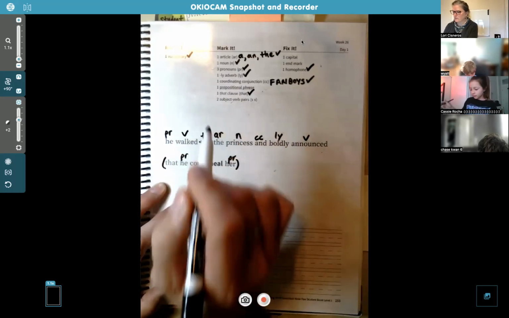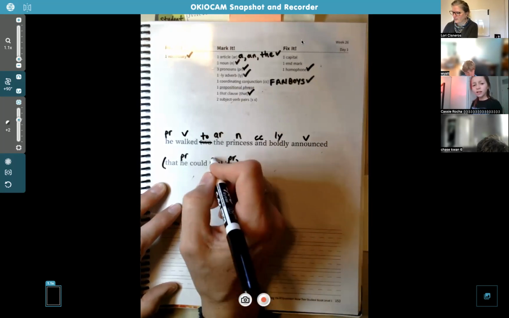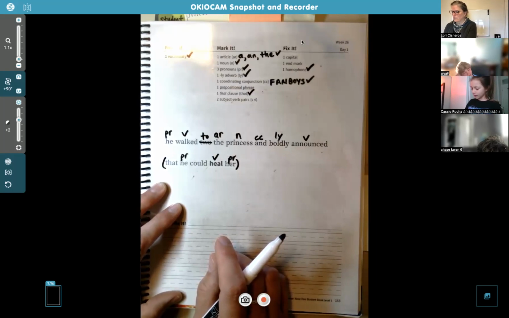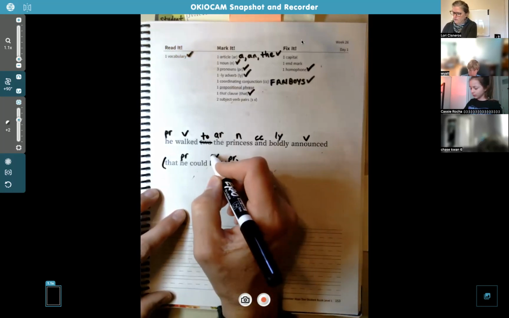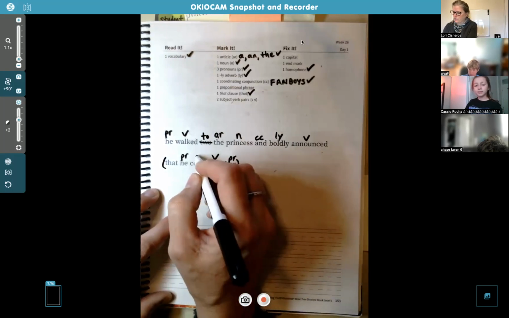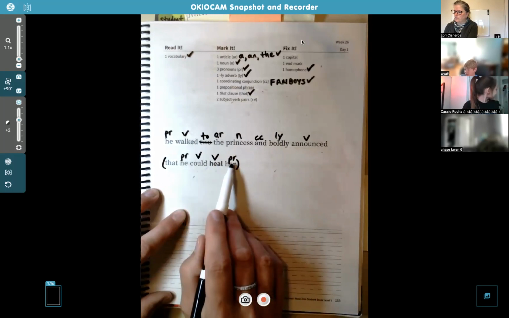Yes, good. And heal. Good. And there's one more, and this one is a linking verb. It's right before heal. It's this one. Could. Yeah, so could is a linking verb. So it links the pronoun to another pronoun.